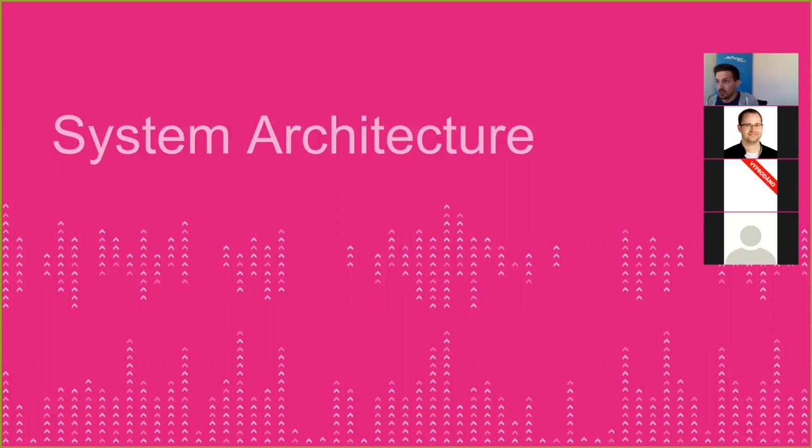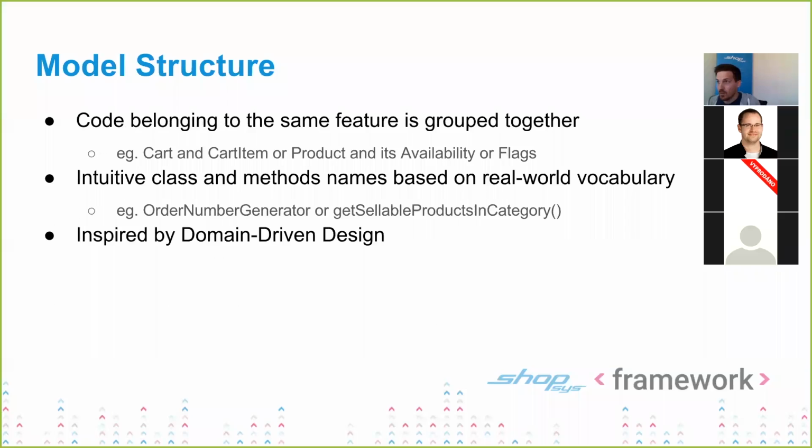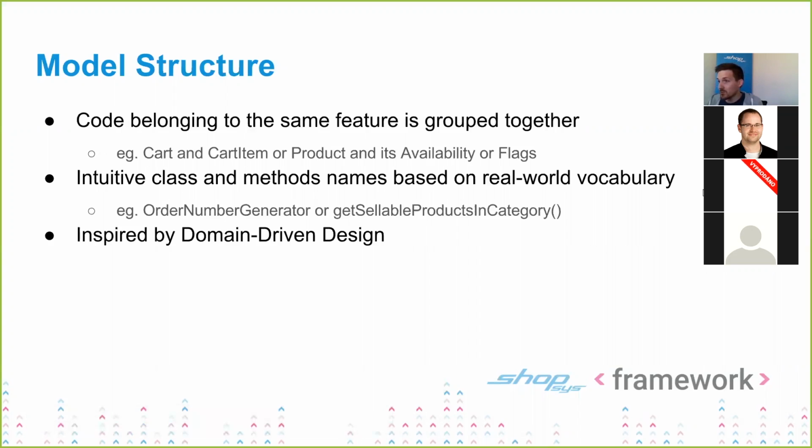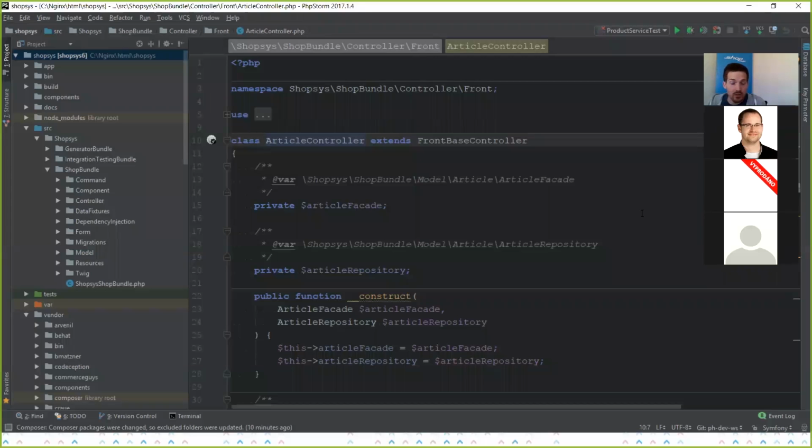Now to the system architecture. What I want to show you in the very beginning is how the model of Shopsys Framework is structured. So let's go into PHP Storm. As I already told you, Shopsys Framework is based on Symfony.